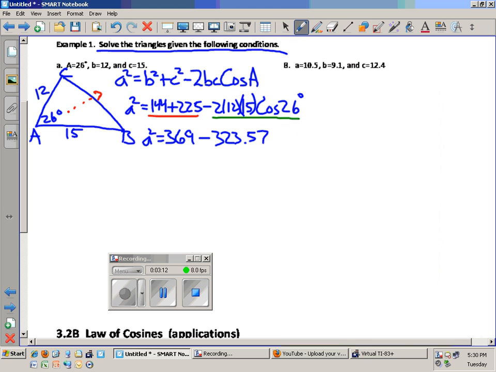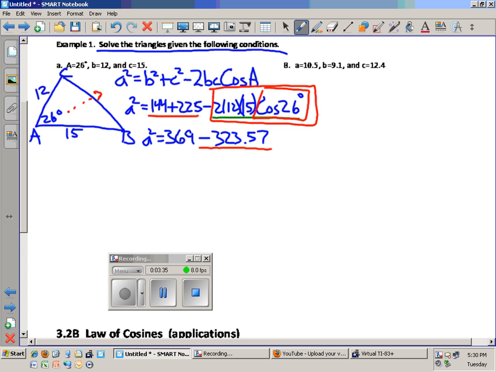Now, a word of caution. The cosine value of an angle can be negative if it's in the second quadrant. So if it's an obtuse angle, you can come up with a negative value. So this could sometimes be minus a positive number, and sometimes it could be minus a negative number. You really got to be careful about whatever this portion comes out to equal.